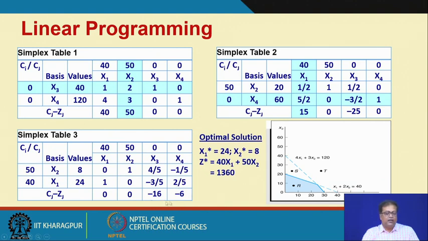Once we have all non-positive Cj minus Zj, that means the optimal solution is obtained, and the optimal solution is x1 star equal to 24, x2 star equal to 8. So, what will be our Z value? The Z value will be 1360, and this is indicated here also. So, this point is our optimal value, right.